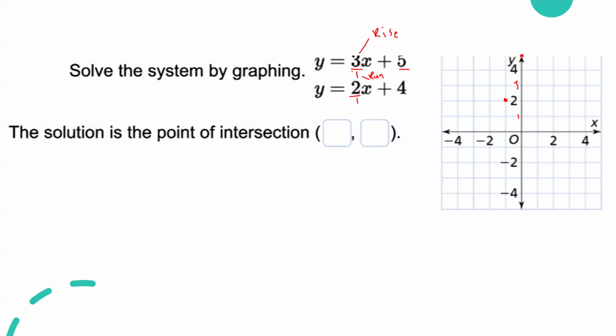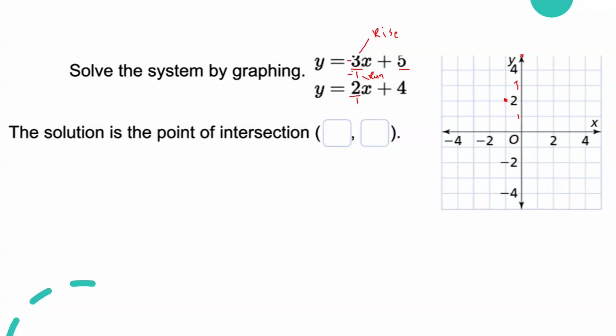But since my Cartesian plane ends right here, I'm just going to go the opposite direction, meaning I'm going to turn these into negatives by going down, because I need part of my line down here. If I did have a larger Cartesian plane, I could go up, but I'm just going to use what I have.